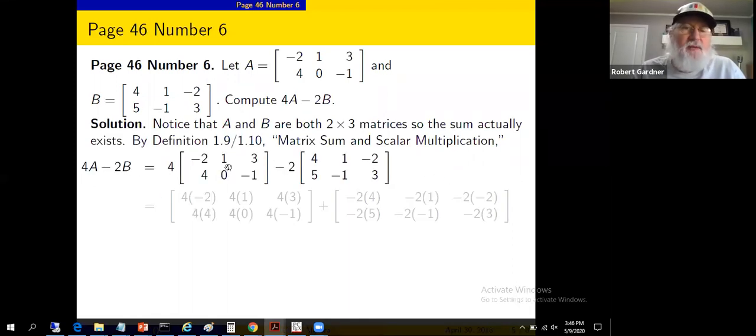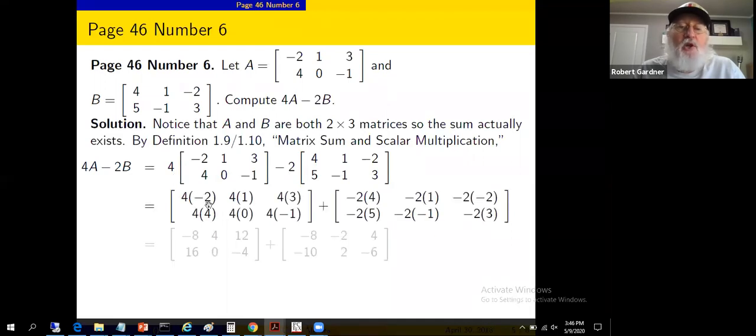4A minus 2B: there's matrix A, there's matrix B, there's the 4 and the -2. We'll take this 4 and put it on each of those entries, consciously avoiding the word distribute. Take the -2 scalar and multiply each of the components by that -2.